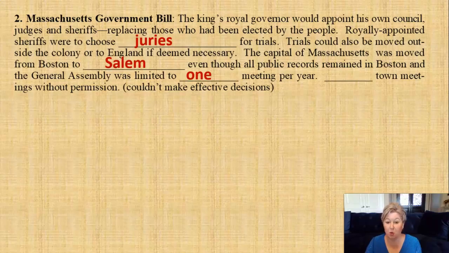They were limited to only 1 meeting per year, and all of the little local town meetings, Lexington and Concord and Salem and whatever, the local town councils were all told you can't meet at all unless you get permission from the royal governor. So it completely undermined any kind of local self-government. Again, guys, guaranteed in their charters, and they'd lived that under those charters.